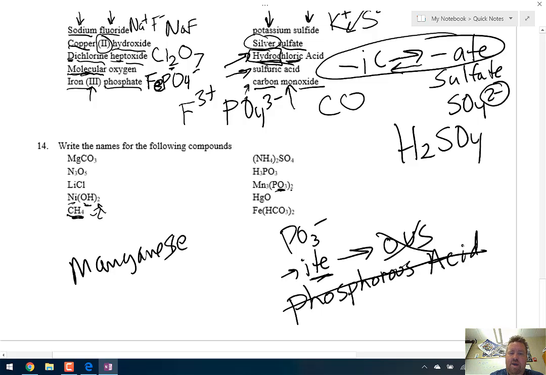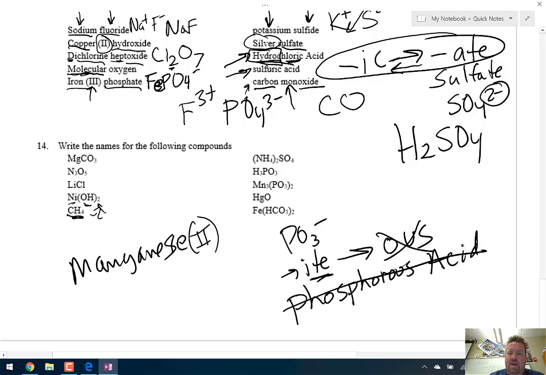That's an S, manganese. And PO3 is phosphite. But again, we have to remember that manganese is a transition metal. So remember that this 3 came from here, which means this 2 came from here. And the Roman numeral, remember, tells you the charge. So that is manganese(II) phosphite.